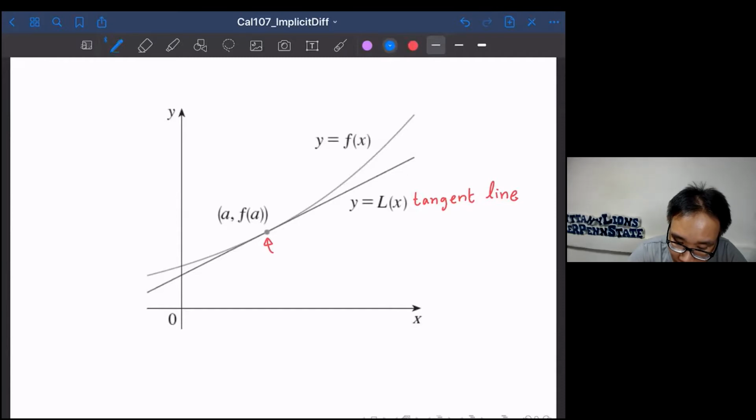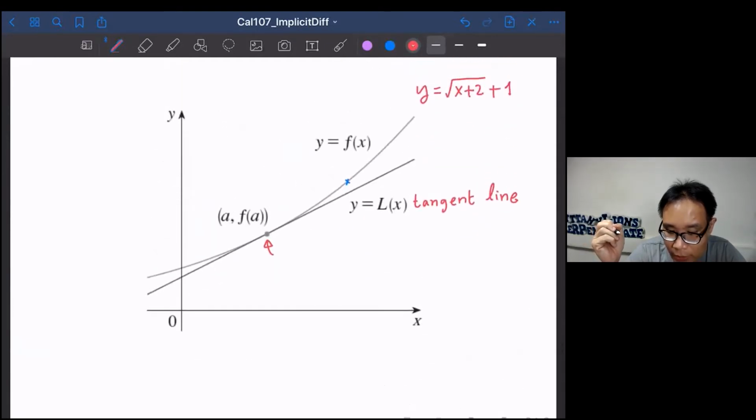But if I want something here, for example, let me give you one function: y equal to square root of x plus 2, plus 1. And here I have 2.